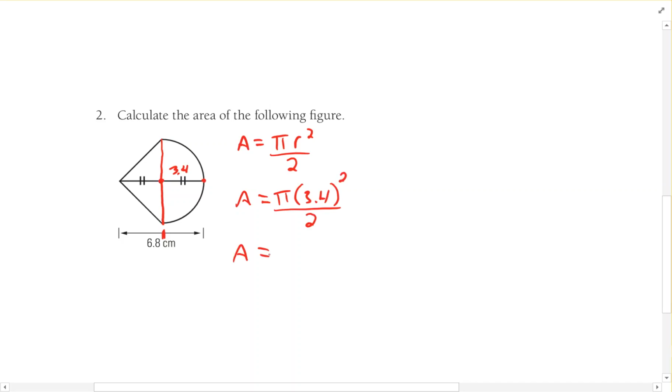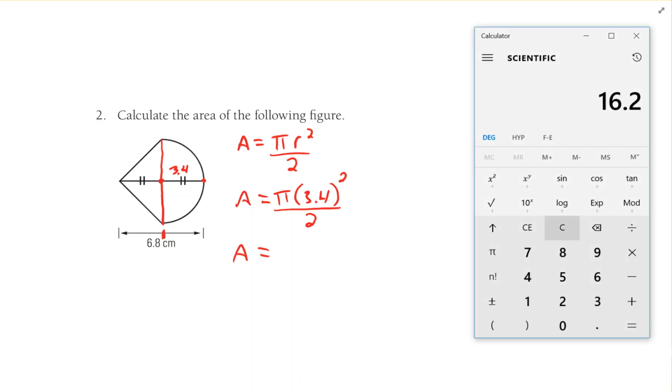So the area here, you go pi times 3.4 squared, and then push equals. So 36.3 and so on. That's my top, the whole numerator of my equation. And then I'm just going to divide that by 2, which equals 18.2.